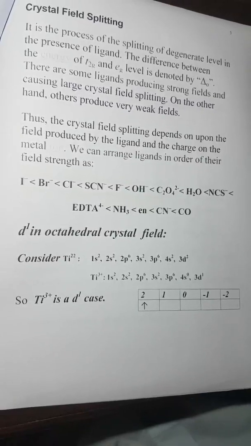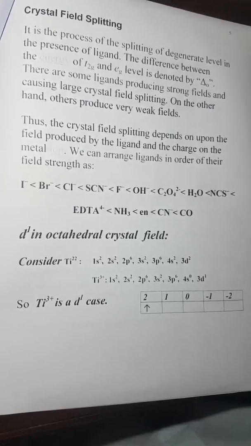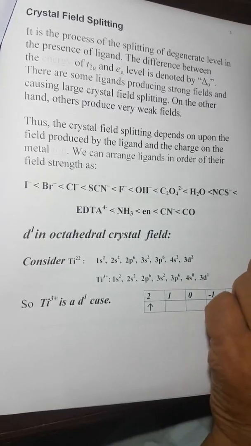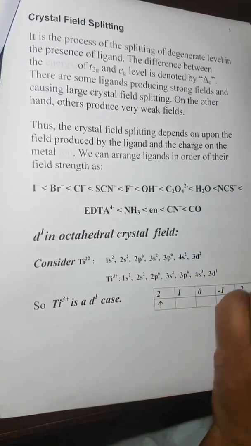And people say that if you take just a bit of potassium cyanide, one is killed, finished. And this is because of the very strong ligand. Similarly, carbon monoxide is also famous.